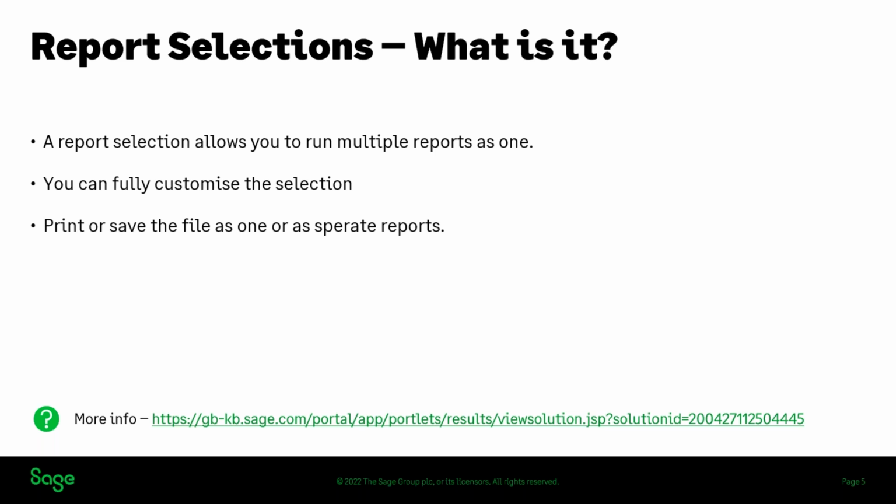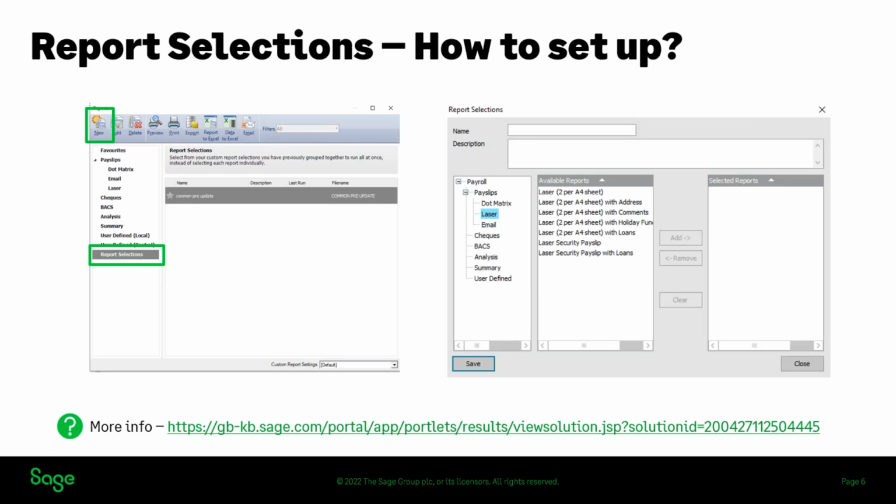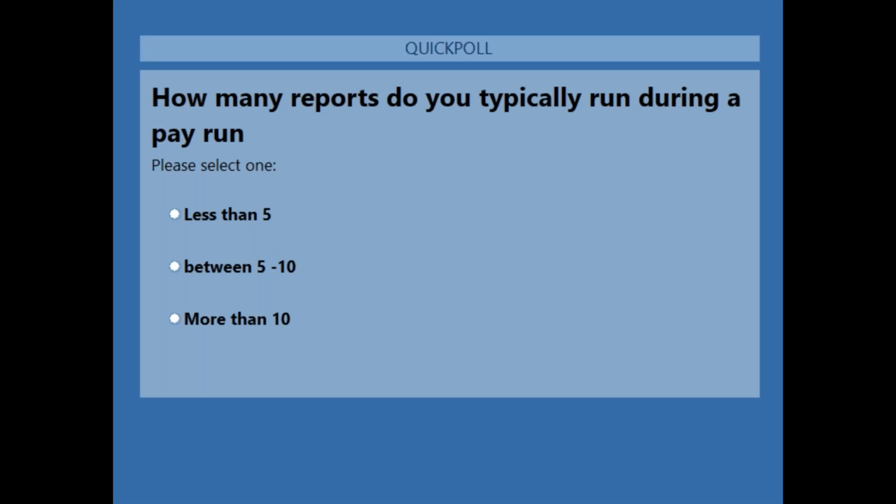Now, I'm going to jump into a demo a little bit later, okay? But just as a quick screenshot, here's what the report selections looks like and how we're going to go about setting them up. And before we jump into that demo, I would like to get an idea. So I'm going to bring up a quick poll about how many reports you typically run during a pay run. So we'll launch that now. This is similar to how the quiz is going to work. You'll see an option on screen there with 3 different answers.